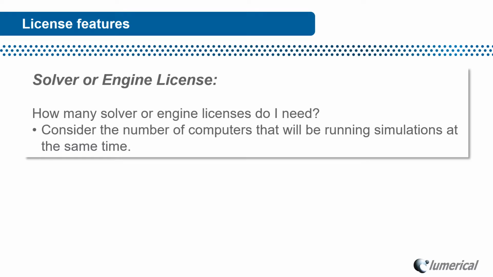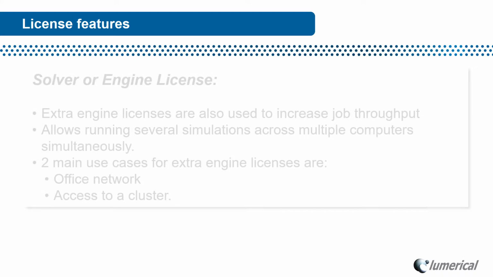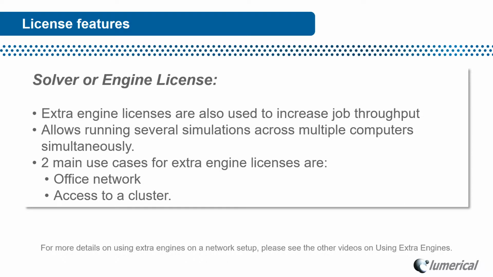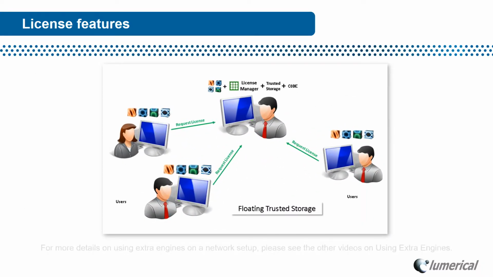Extra engines basically allow you to increase the job throughput using concurrent parallelism, in other words, running multiple jobs at the same time. There are two main use cases for using extra engines. First, an office environment where you have a few spare workstations in the local network. In this case, you probably want one engine per workstation.